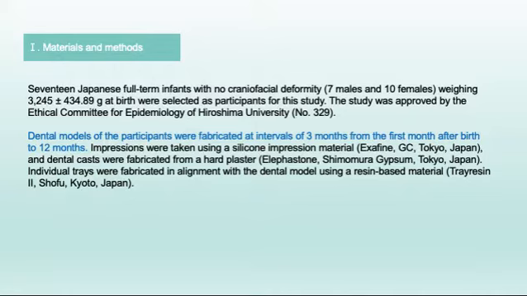Material and method. The subjects were 17 Japanese full-term infants with no craniofacial deformity, 7 male and 10 female. The dental models were fabricated every 3 months from the first month after birth to 12 months.